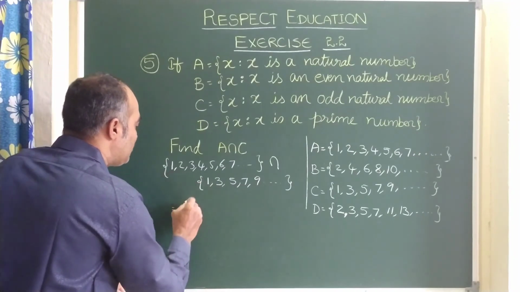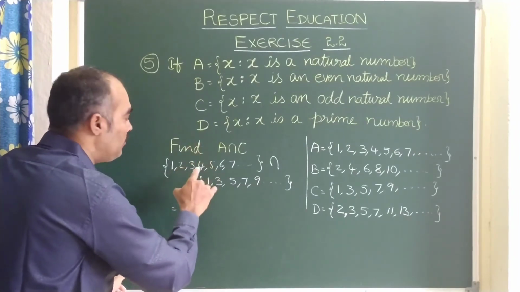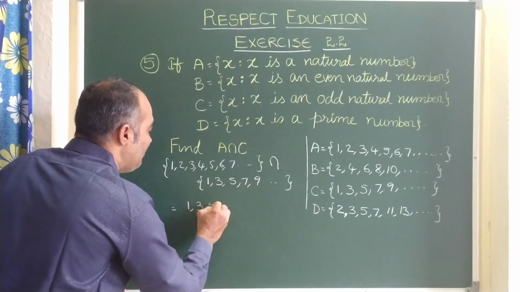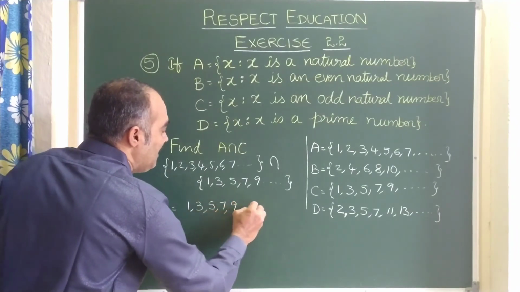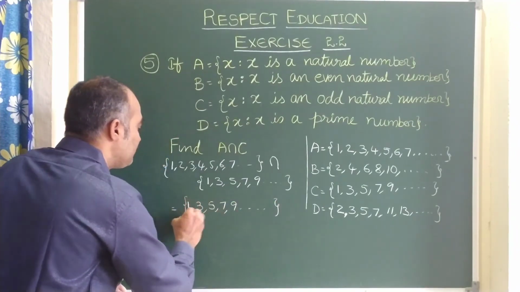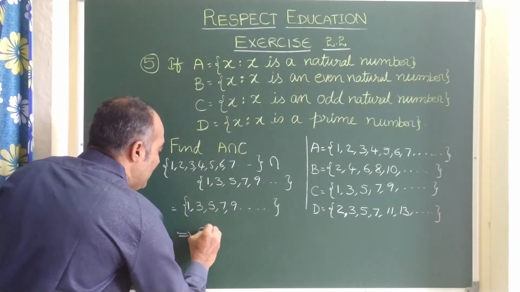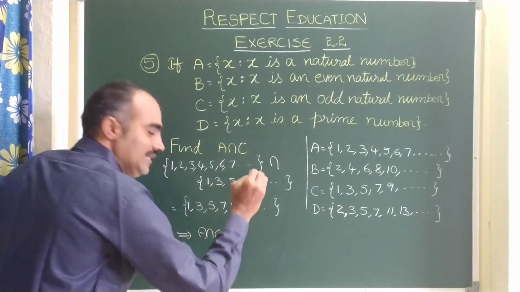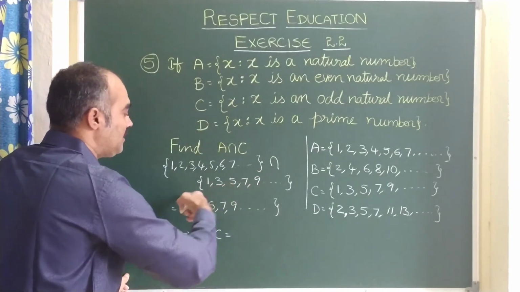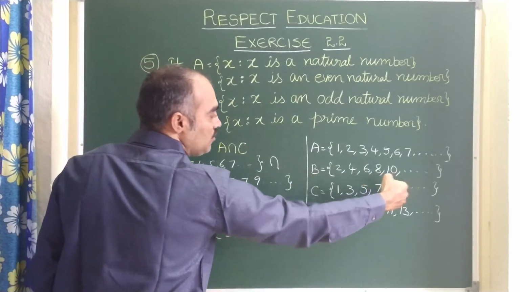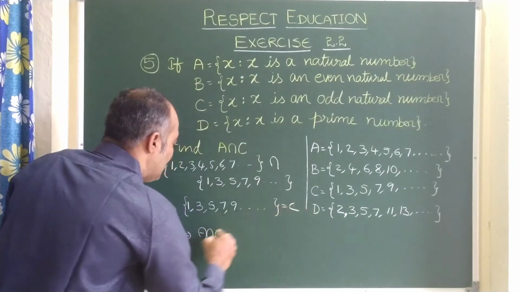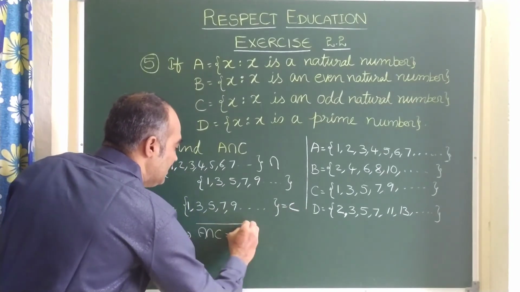Which are common? 1 is common, 2 is not in common, 3 is common, same 5, 7, 9, these elements are in common, right? So when we find A intersection C, this set you observe, children, 1, 3, 5, 7 and so on. So this is C, that means A intersection C is C.